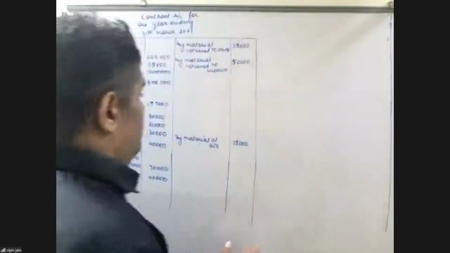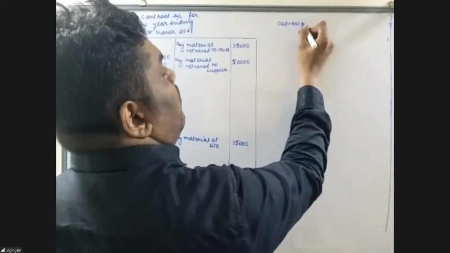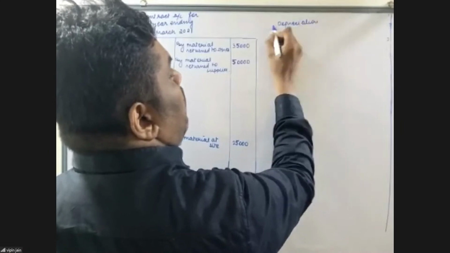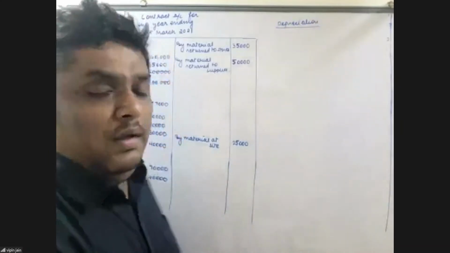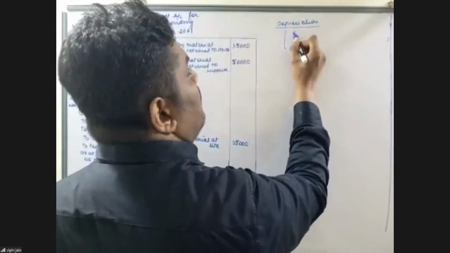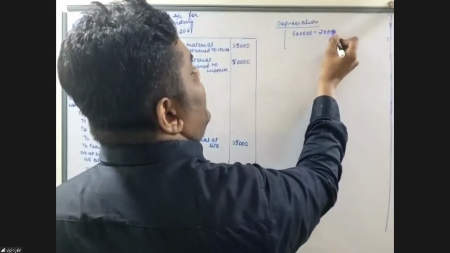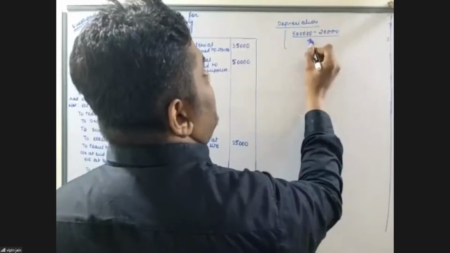Now there is an additional plant, so we'll be calculating the depreciation separately. I'm explaining the working note. There is a plant whose cost is 5 lakh. Residual value is 20,000. Useful life is 4 years.